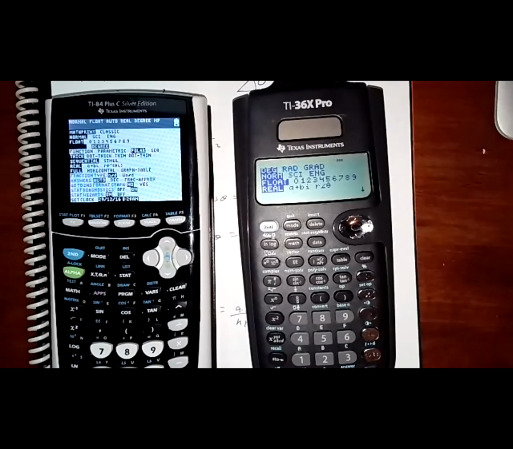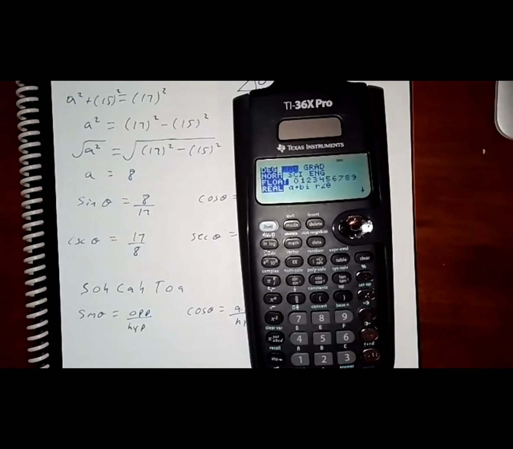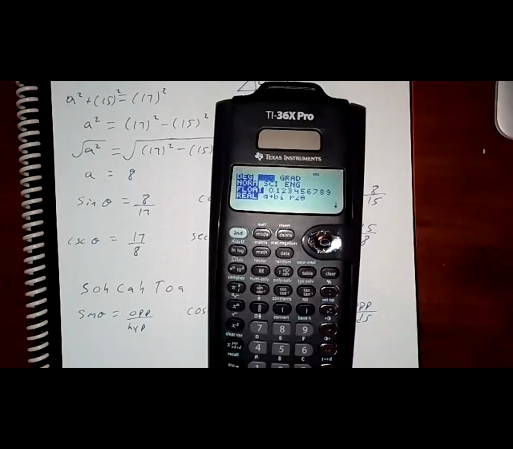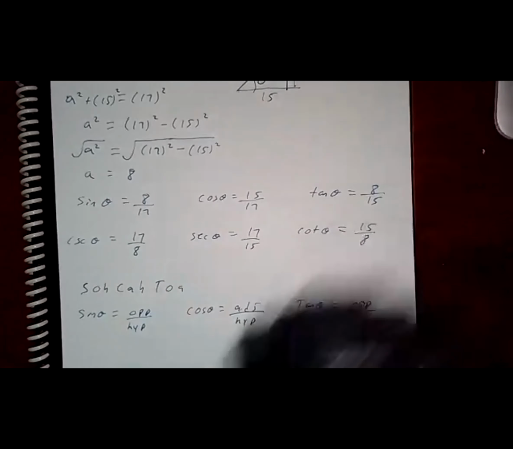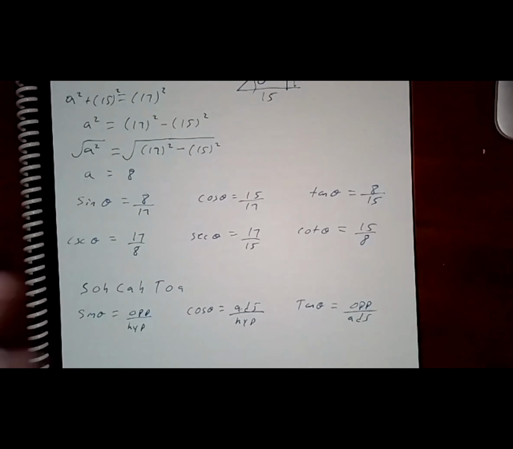You know, your syllabus says that you're only allowed to have the Pro. Yeah, that's technically true, but I don't mind using the 83 or 84. This one just does everything you need except graphing. I would recommend this one more because it's cheaper. But if you have an 83 or 84 already lying around, I don't mind if you use it.